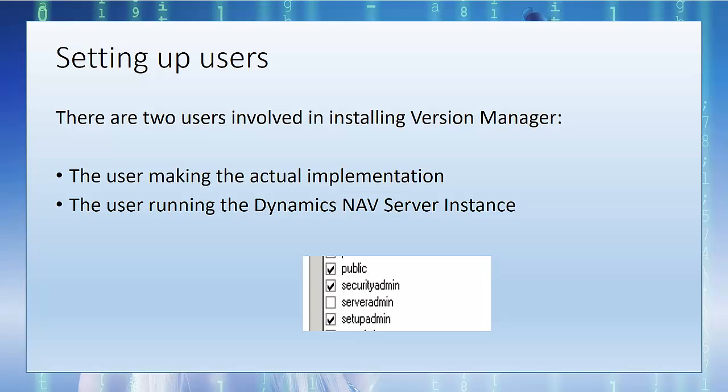In the installation process, it's also defined which user is running the Dynamics Nav server instance. If no user is chosen, the user NT Authority\Network Service is selected to run the Dynamics Nav server instance. Regardless if a domain user, a local user, or network service is used, the user must be given these privileges in the SQL Server.